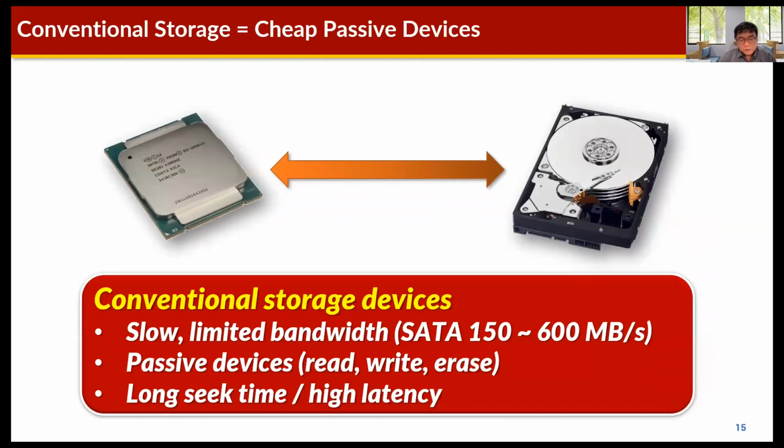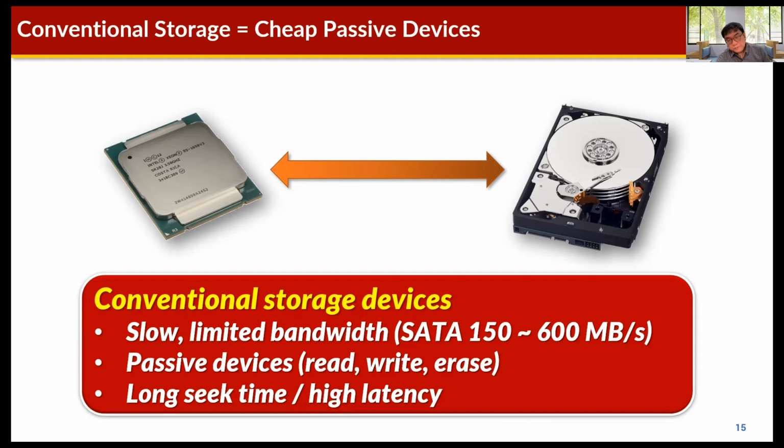Okay, so the conventional storage system. Conventional storage is a cheap, passive device. As I explained, the storage system is just an IO device, and the host system just sends read, write, or erase commands to it, and that's enough.